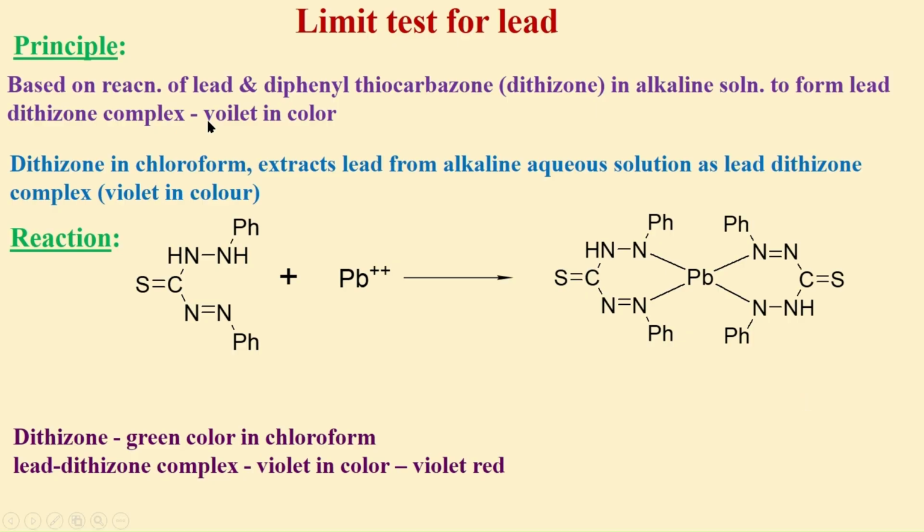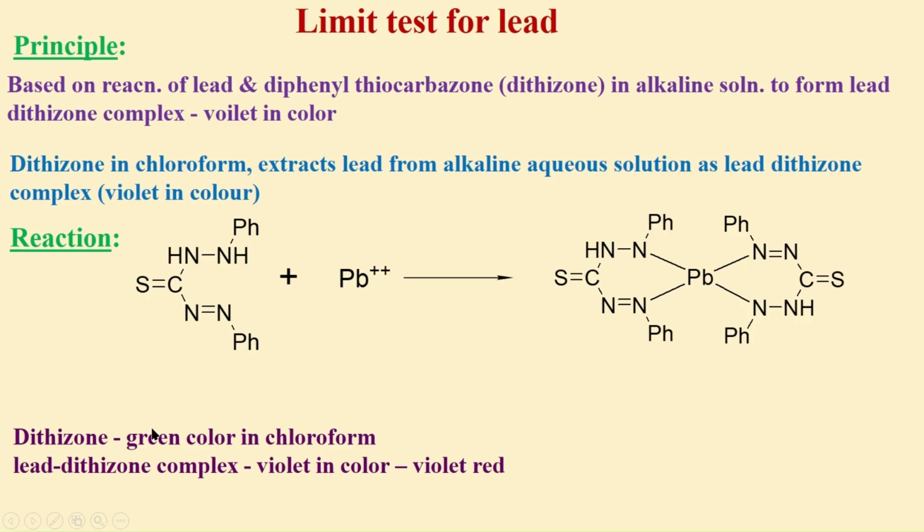Dithizone, when we dissolve it in chloroform, gives a green coloration. When it extracts the lead from the aqueous solution into the chloroform solution, it forms the dithizone complex, which is violet in color. The product that we get is violet in color.